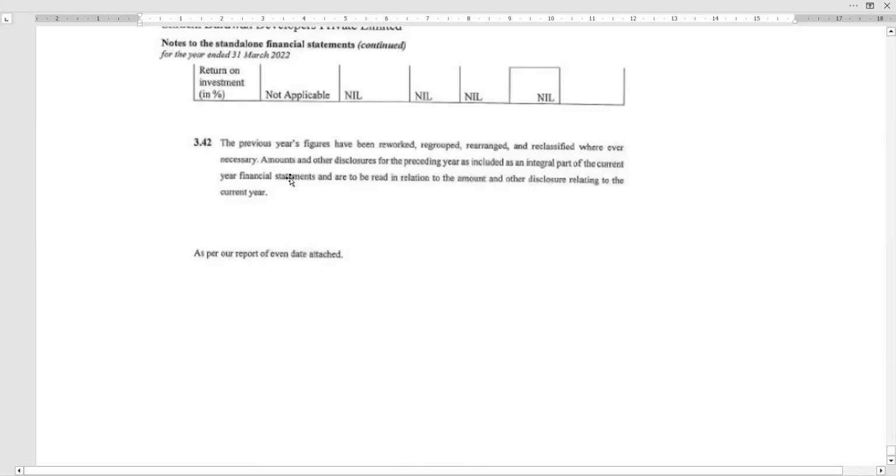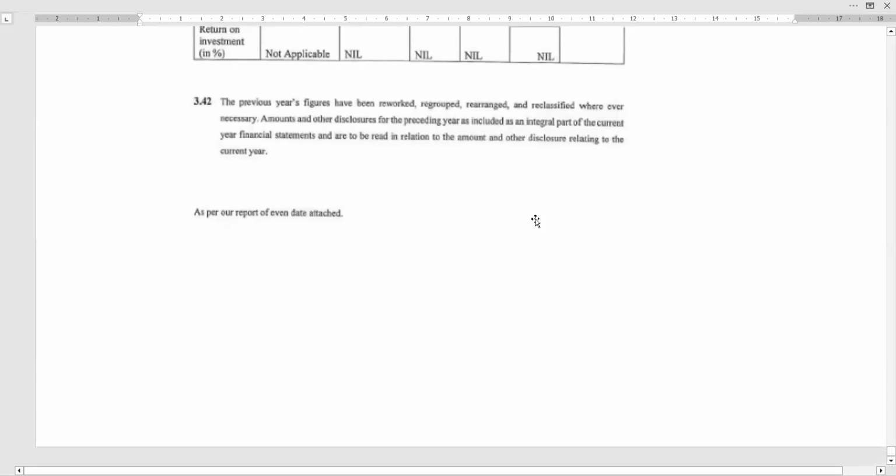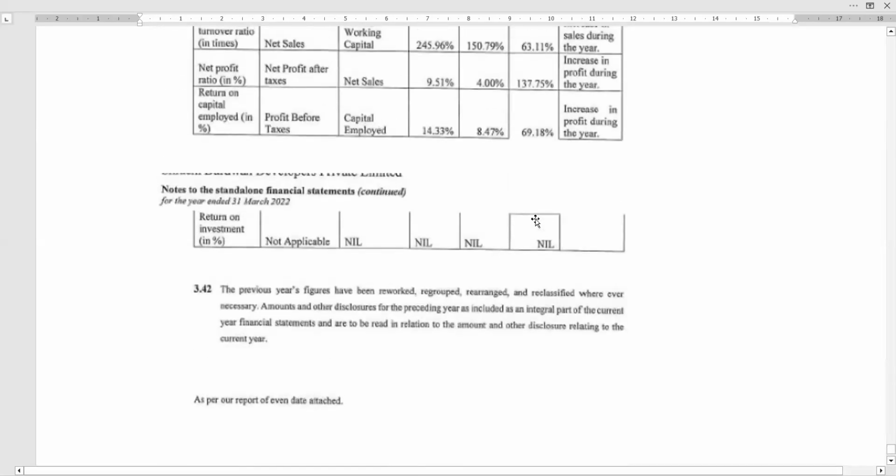And this is the general clause saying that wherever it is required, we have shifted the groupings of the numbers of preceding years, previous years. Suppose any expense in the previous year you had taken in miscellaneous expenses, 3-4 items, and this time you felt the amount is huge and you have shifted it from miscellaneous expense to a separate line item, then even in the previous figure you are removing that and showing it separately.